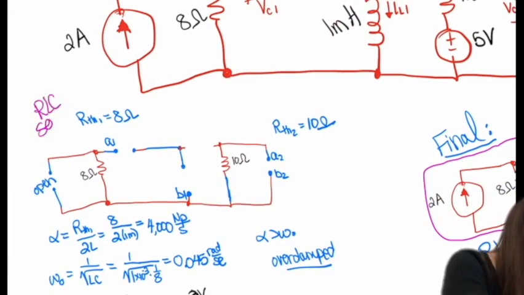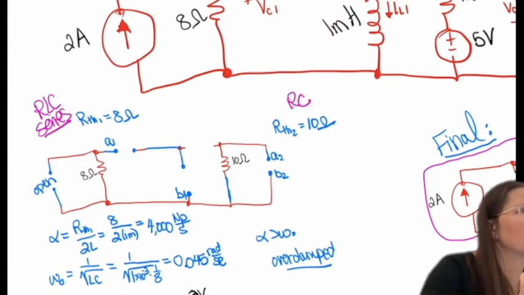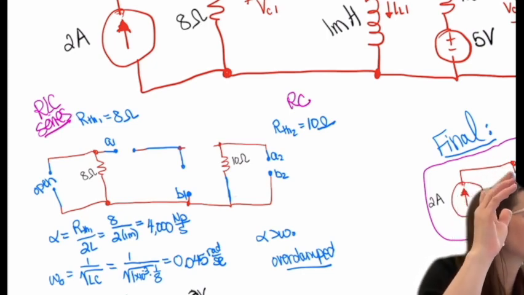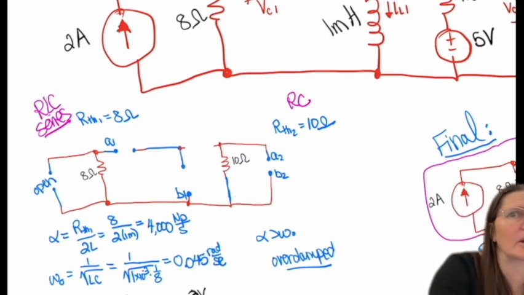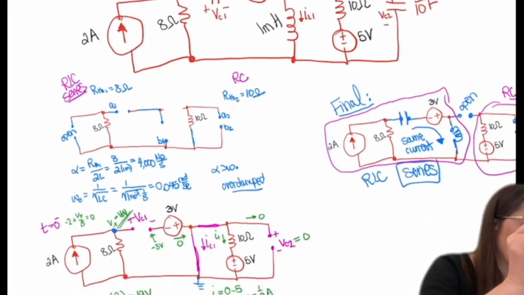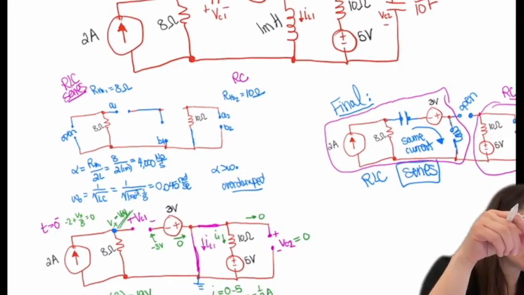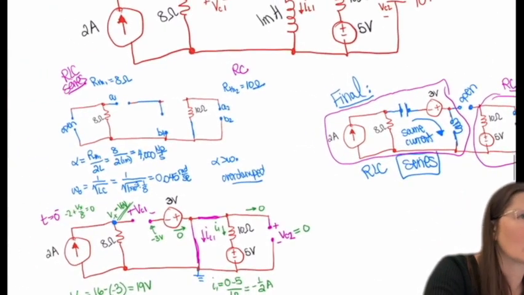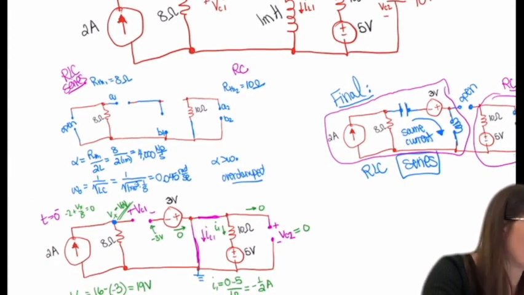We're determining the level of dampening. Correct. So I need to know the characteristics between alpha and omega naught, the comparison between them to figure out that characteristic. So RTH for the RLC series side will be 8, and then RC on the other side will be 10. So I've shorted all of the voltage sources, opened up the current source, and that gives me those.